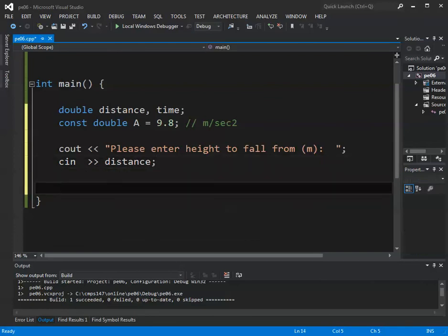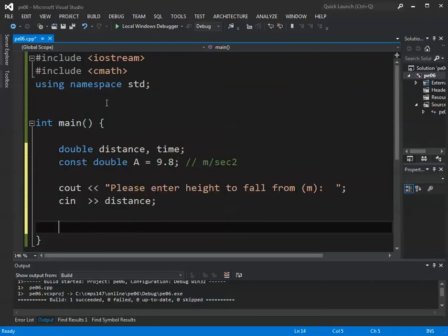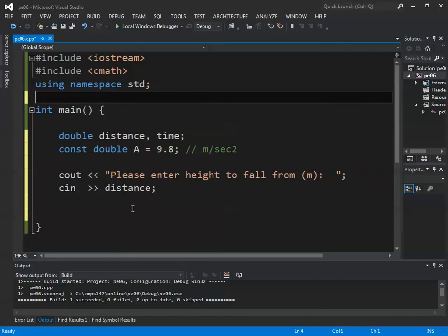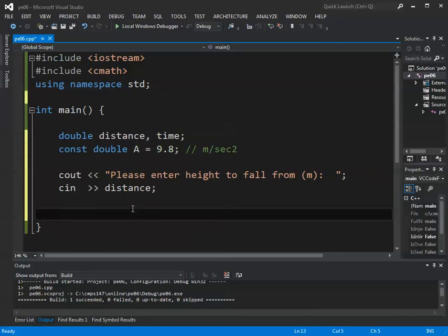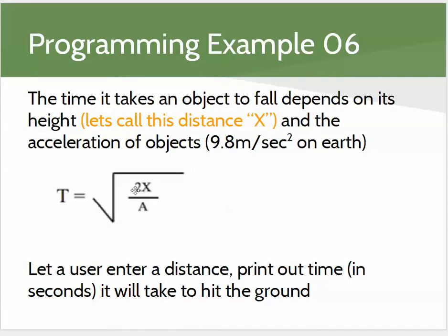And we've already got our cmath library, remember, included up here. So we can go ahead and use the square root anytime we want. I am going to create a temporary variable. Let's just call it temp. And I'm going to make that equal to this 2x divided by a.